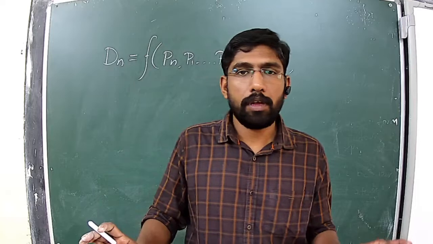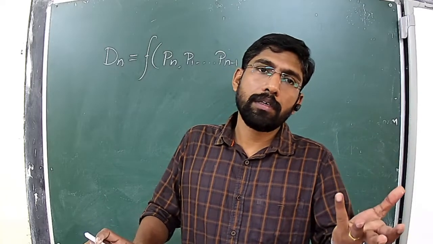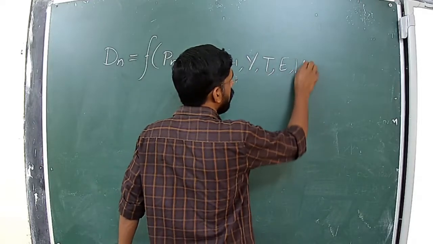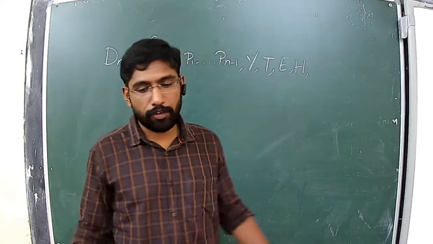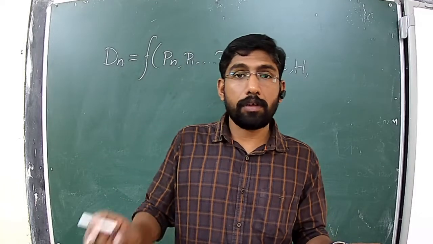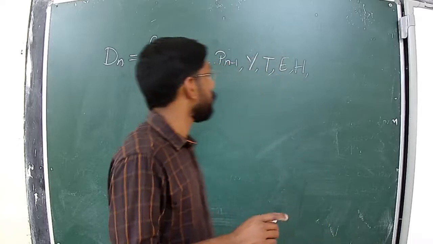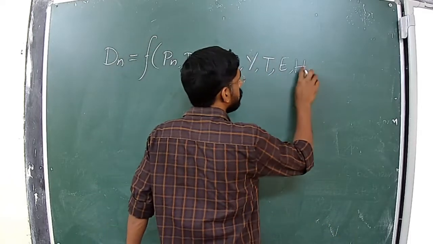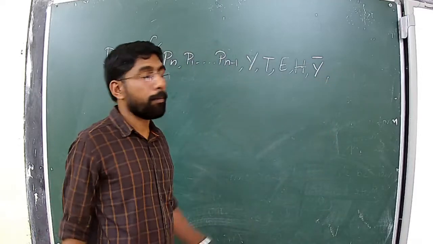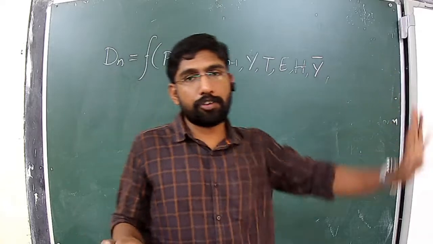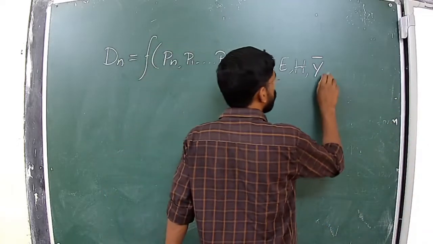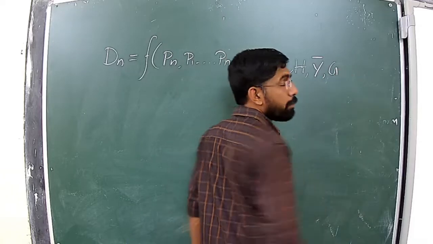Next one is size of the population and the composition of population, indicated by H. Then the next one is distribution of income, indicated by Y dash. Then government policies.